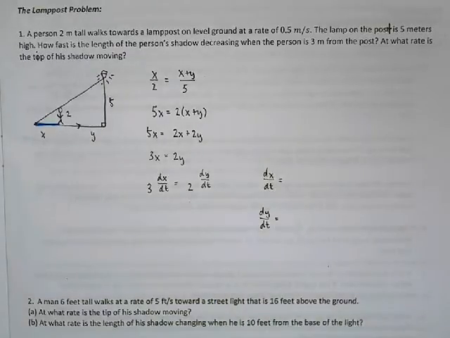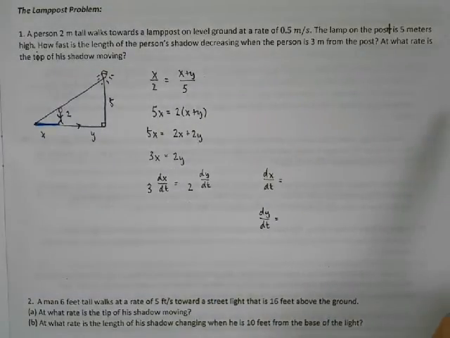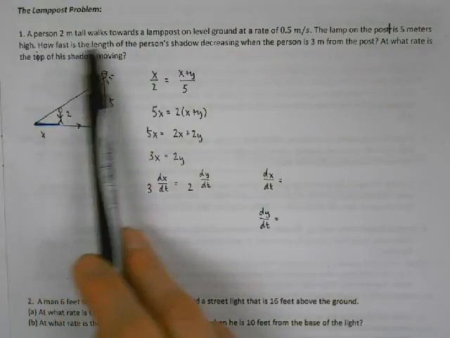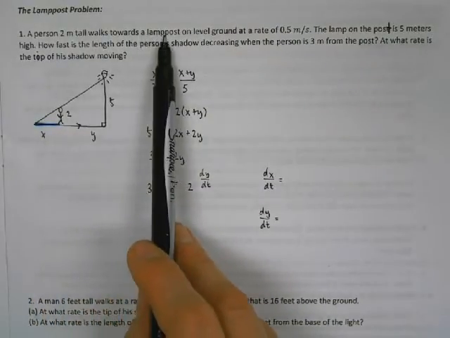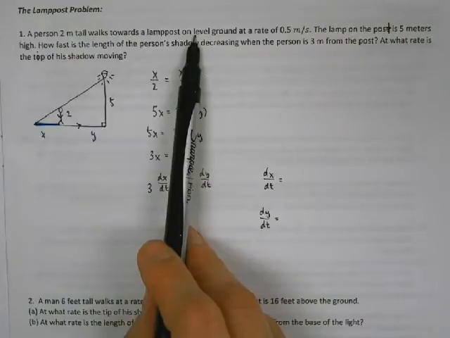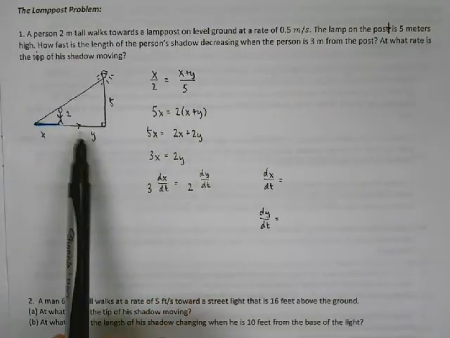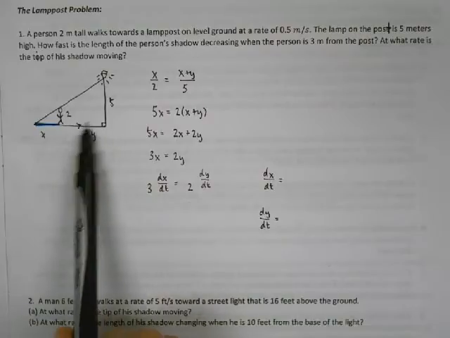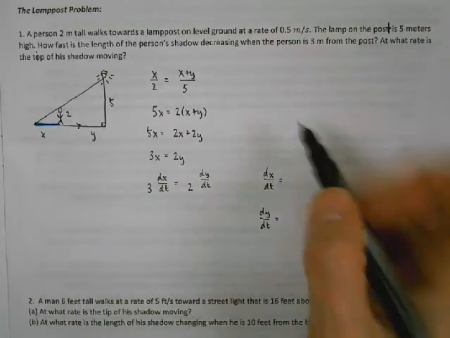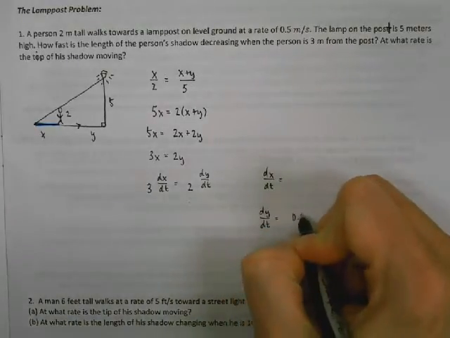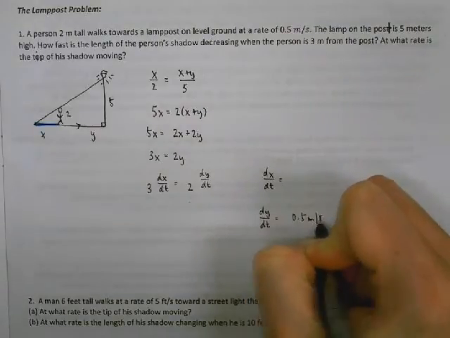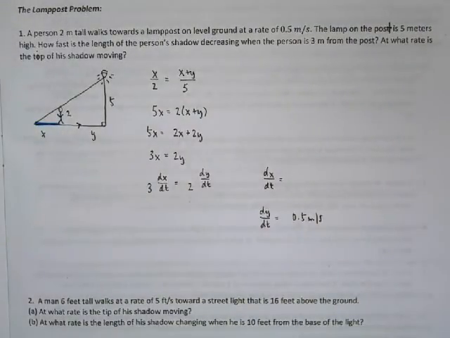So let's see which one we know. The problem told us that the person was walking towards a lamppost on level ground at a rate of 0.5 meters per second. So this shows me the direction that I'm walking. So I know dy/dt is 0.5 meters per second, but I need to be very careful with my sign here.